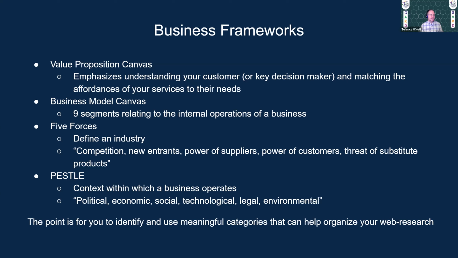So the first one is the value proposition canvas. This is used a lot of times as a visual graphic organizer, but it really emphasizes what you know about your customer or the person that's making the decision of whether or not to use your innovation. And how are you making an appeal to that person by making their life, their job easier and better? How are you appealing to what they're motivated by? What do they value?